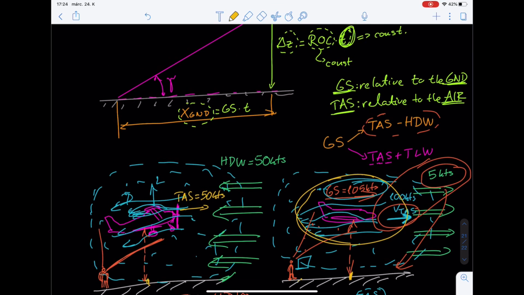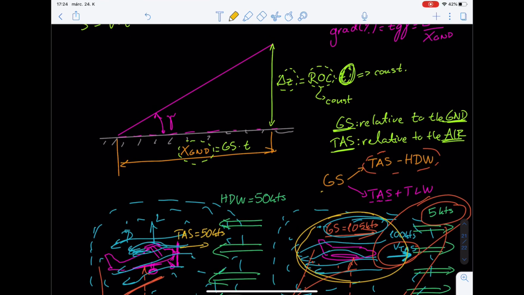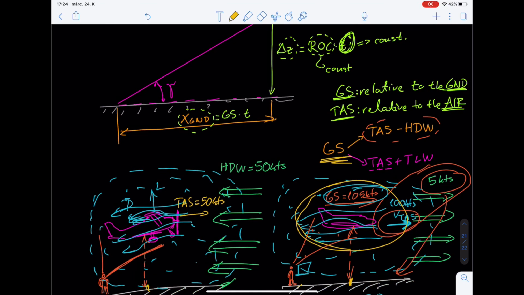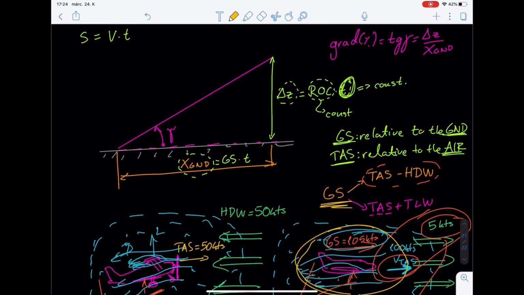Okay, so we can see from this whole gameplay how this formula for the ground speed is true and correct, right? And what this whole thing means is that the distance, this x_gnd, so the ground speed times the time, is going to be very much affected by the wind, right?